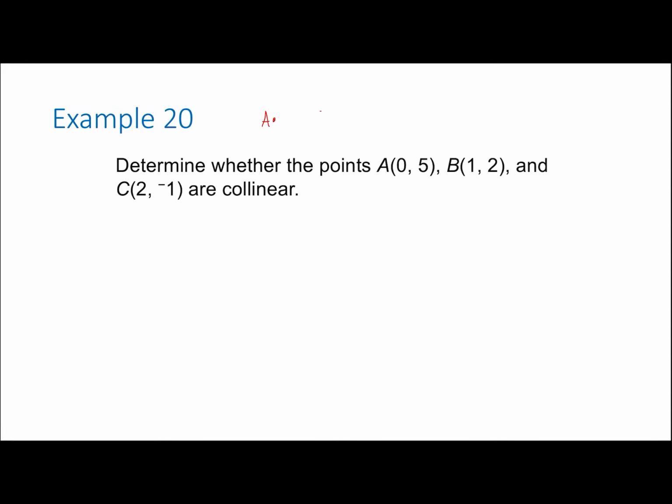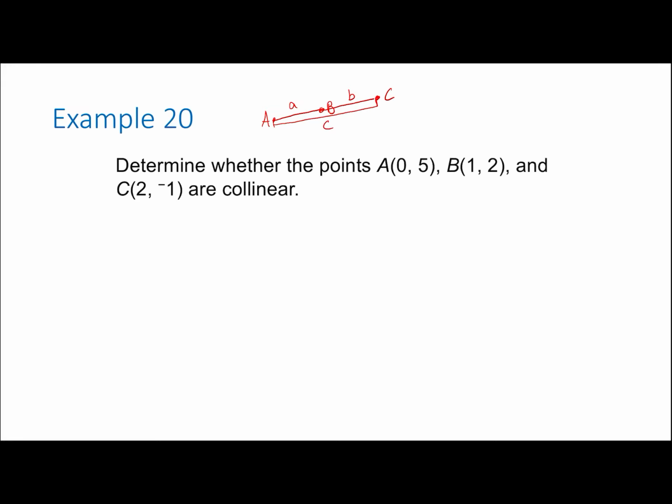If that's point A and point B is here, then point C has to be there if they're collinear. Which means that the length from A to B, we'll call that a, and the length from B to C, we'll call that b, would have to be the same as the length from A to C. We'll call that little c.